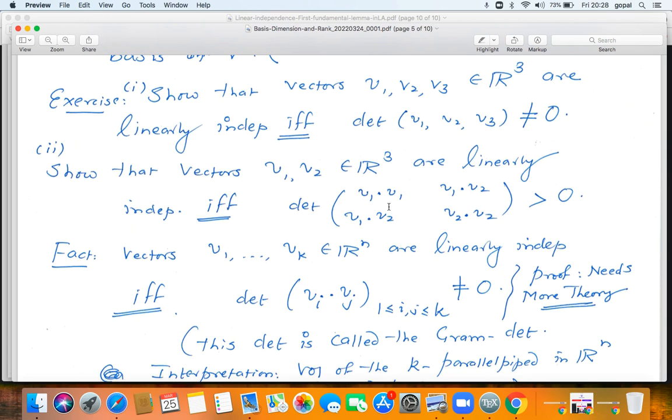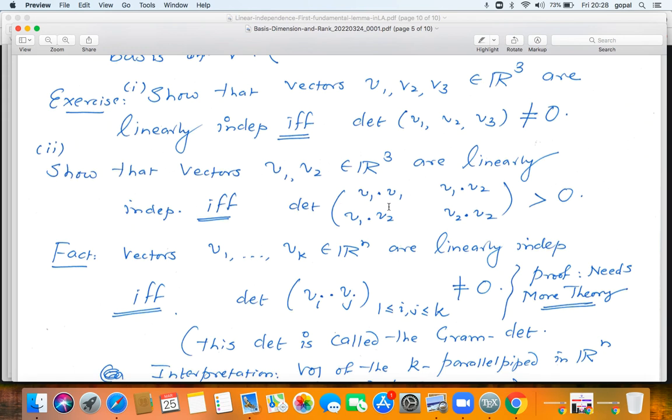Okay. So what does the second exercise say? Two vectors V1 and V2 in R3 are linearly independent if and only if this determinant. See, if I take two vectors V1 and V2, I can take V1 dot V1, V2 dot V2, V1 dot V2, V2 dot V1, and I can form the 2 by 2 matrix Vi dot Vj. This is a symmetric matrix, no? Because V1 dot V2 is the same as V2 dot V1, and the determinant of this must be positive.